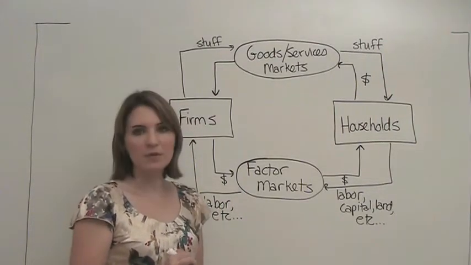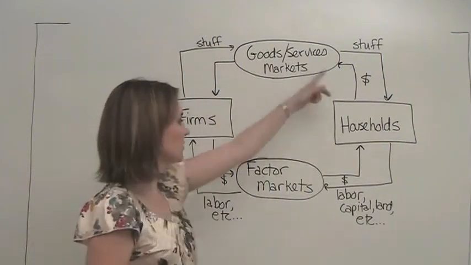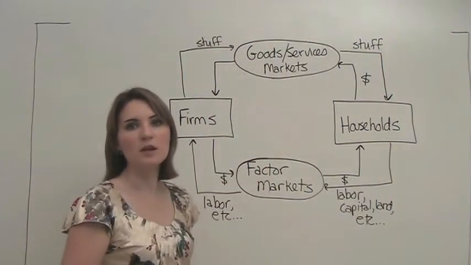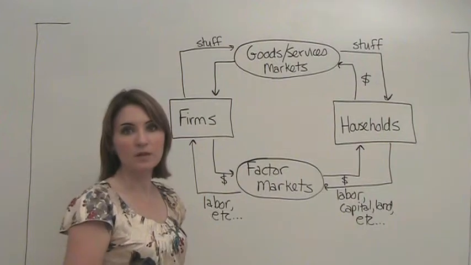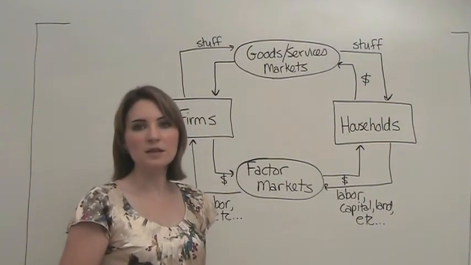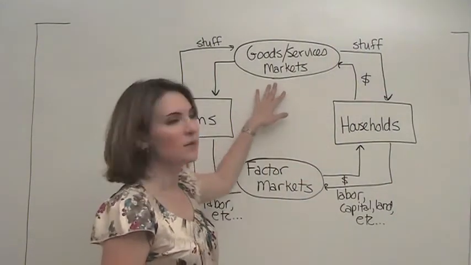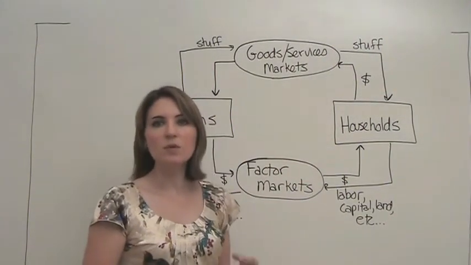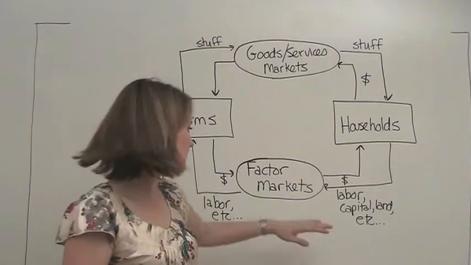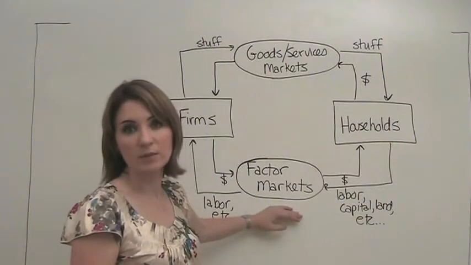So now we have a happy closed loop in which the dollars are going around and around, and our economy can actually sustain itself. When we come back to talking about supply and demand, we're for the most part going to be talking about the market for goods and services, but we will also come back and talk about the flip side of that being the factor markets.